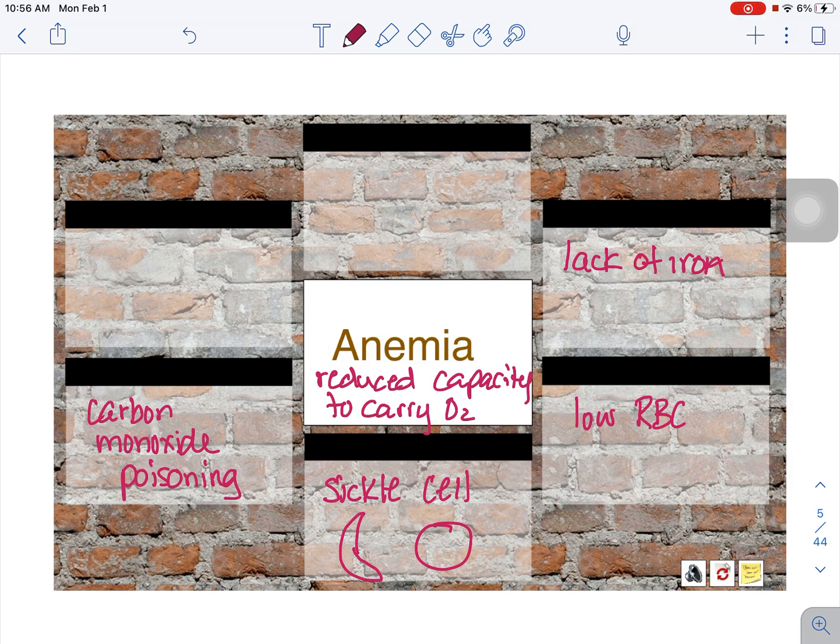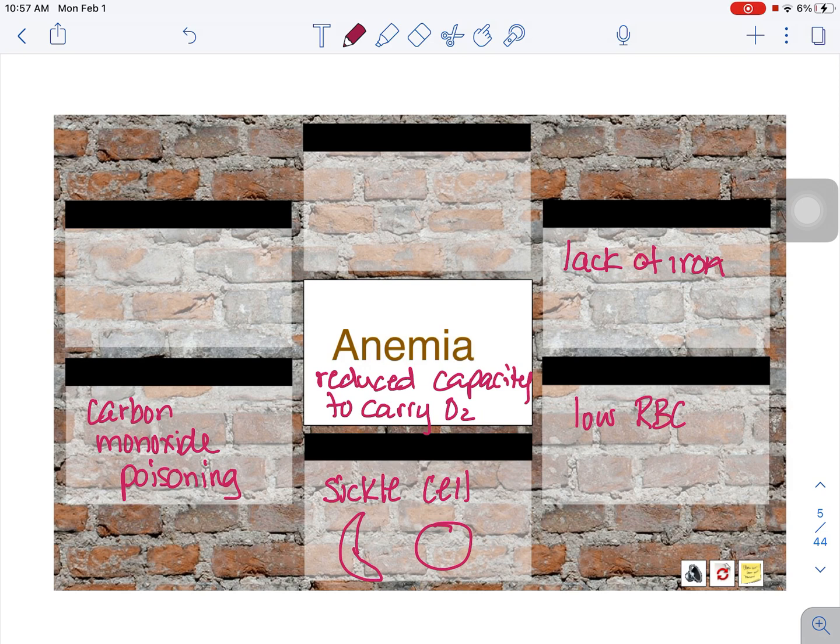Obviously then you're not getting oxygen there, you can't create energy. Usually with carbon monoxide poisoning, you fall asleep and can die that way if it's very severe, because you're not getting oxygen to your tissues and not able to create energy. So that's a pretty rare one, but it can happen.